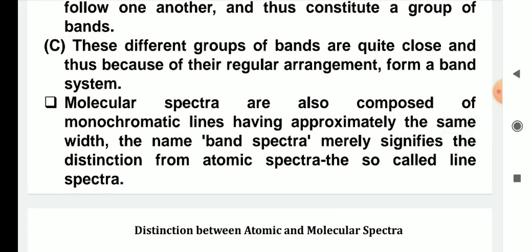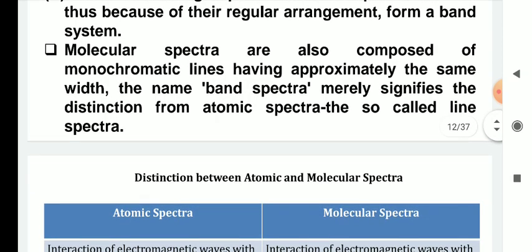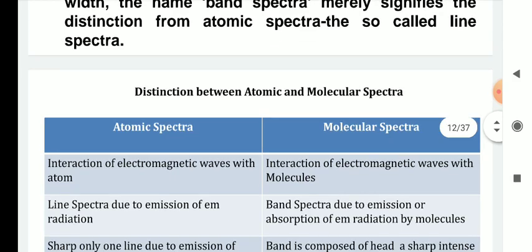These different groups of bands are quite close and because of their regular arrangement form a band system. Molecular spectra are also composed of monochromatic lines having approximately the same width. The name band spectra merely signifies the distinction from atomic spectra, the so-called line spectra.